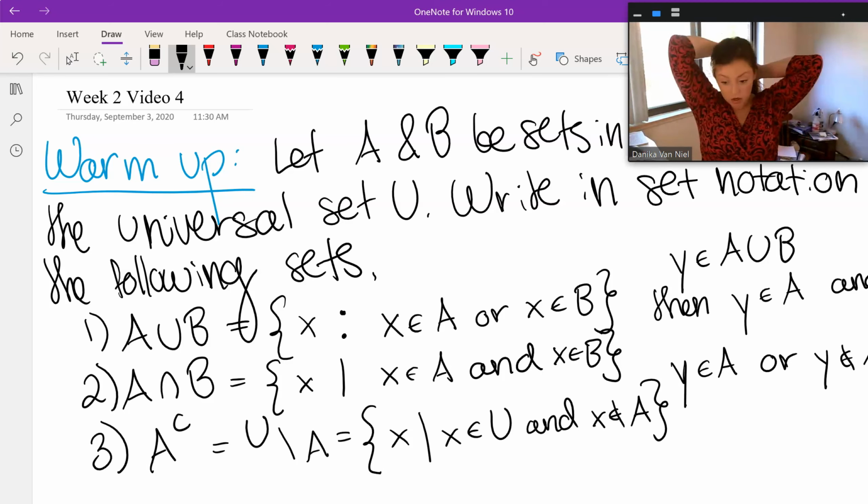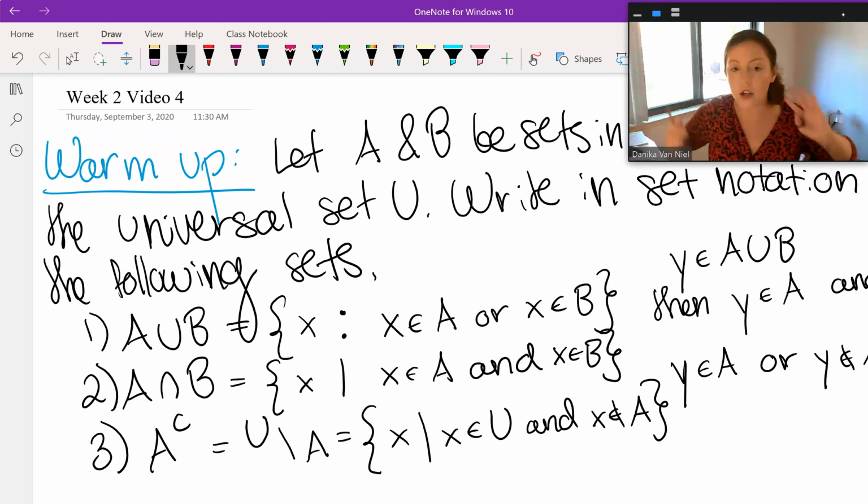If we think about it, to show an element is in the union of A and B, all we need to show is that the element is in one of them. If we show that it's in A, then we know it's in the union. We don't care if it might be in B or might not be.